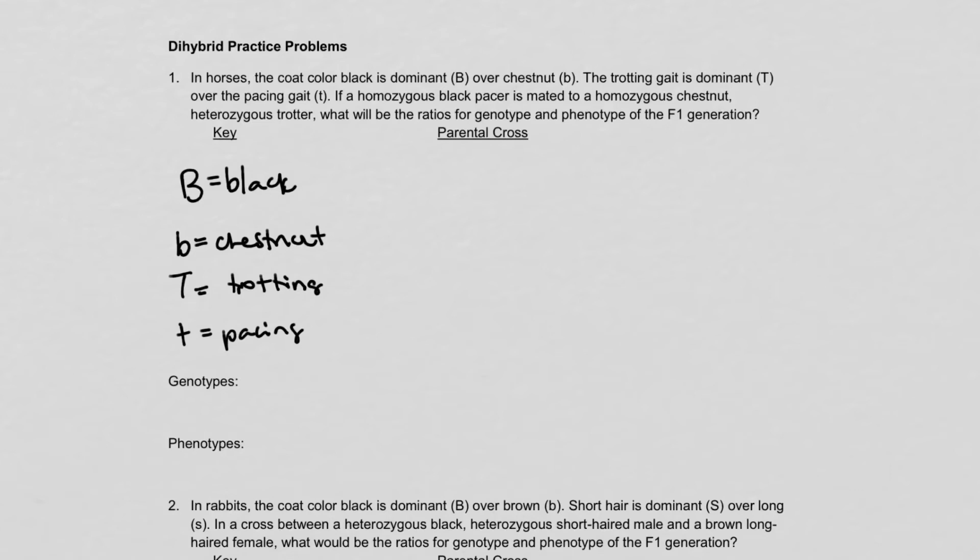Homozygous black pacer. So since it's homozygous, I know I'm looking at this. Mated to a homozygous chestnut heterozygous trotter. What will be the ratios for genotype and phenotype in the first offspring generation?